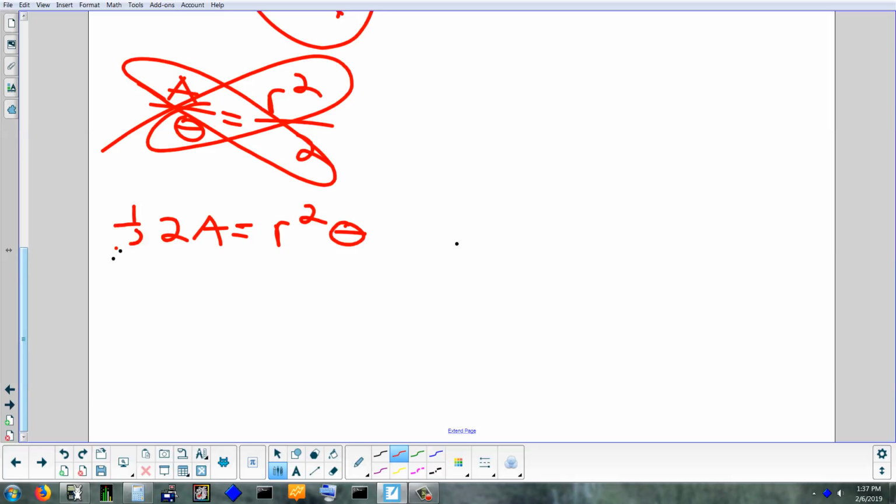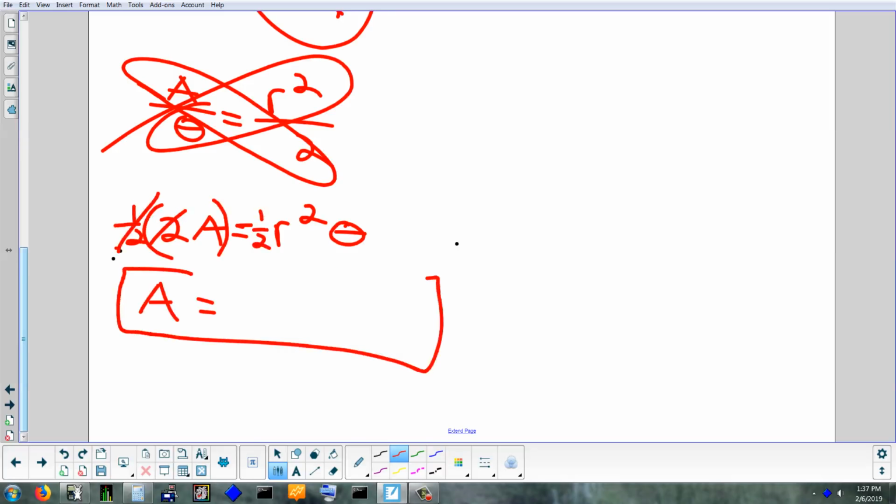So let's just take half of what's on the left and take half of what's on the right. Half of 2 cancels out. It's 1. So you get a formula A equals 1/2 r squared theta. And that's the formula for the area of a sector.